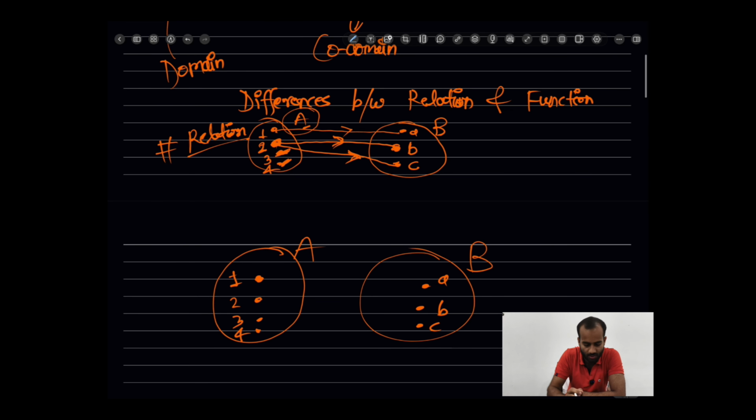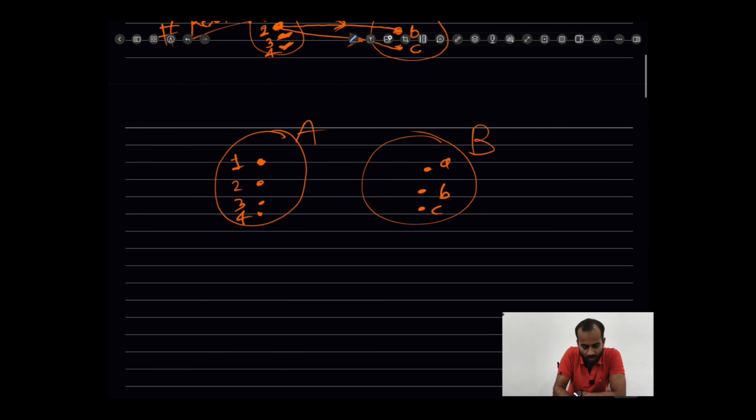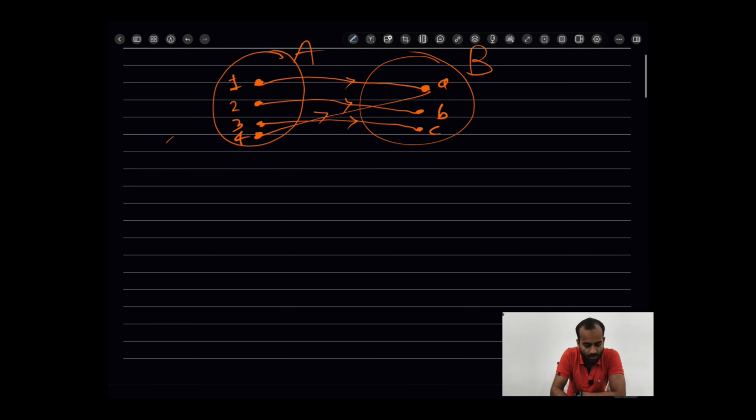So what is a function? A function is like this. Element 1 gets mapped to A, element 2 gets mapped to B, 3 gets mapped to C, and 4 gets mapped to A again. So now in the domain, in this set 1, 2, 3 and 4, all 4 elements have values in this set B, which is the codomain.